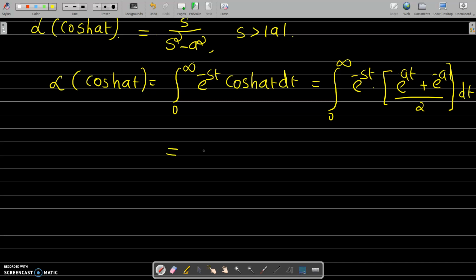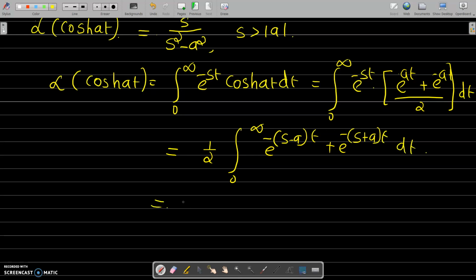This in turn is 1 by 2 into integral from 0 to infinity e raised to minus of s minus a into t plus e raised to minus of s plus a into t dt. After integrating and applying the limits, we can see that this will be s divided by s square minus a square.